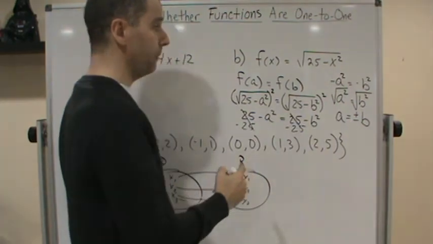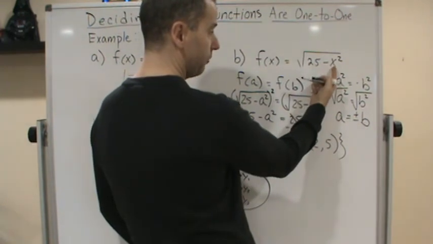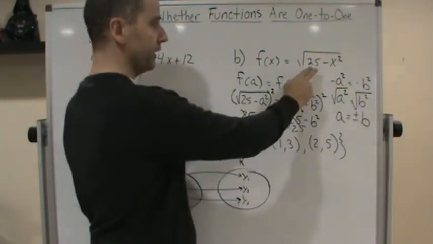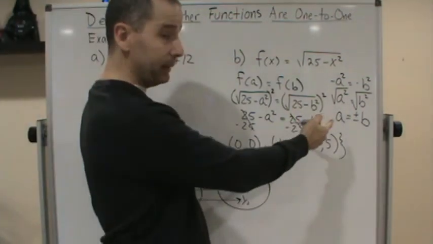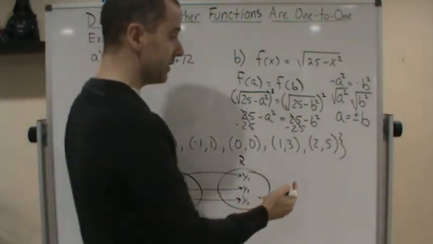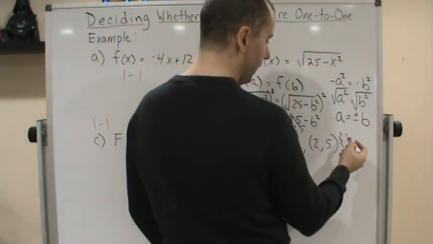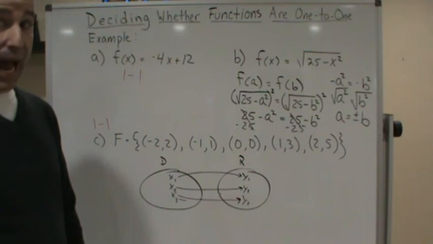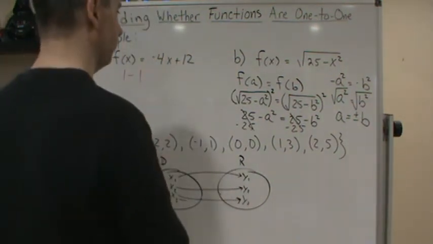The domain of this function is all real numbers, because x can be negative, or x can be positive, or x can be 0, and it doesn't cause any problems because you'll never get a negative under the radical. So any value of x is fine. So A and B could be negative. So in this case, we have to be careful. We have to add the plus or minus in here. Okay? So that means that A and B are not necessarily equal all the time. So this function is not a one-to-one function.